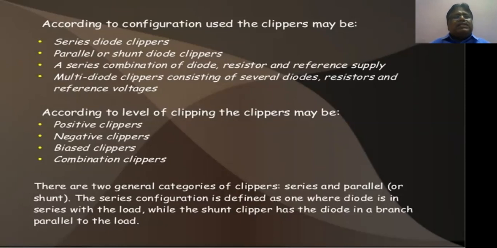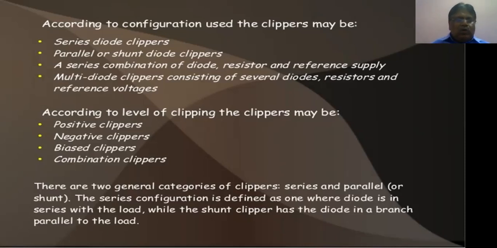So what are the series diode clippers? Resistor and diode are mandatory components in clipping and clamping circuits. Next, according to the level of clipping, the clippers may be positive clippers, negative clippers, biased clippers, or combination clippers.